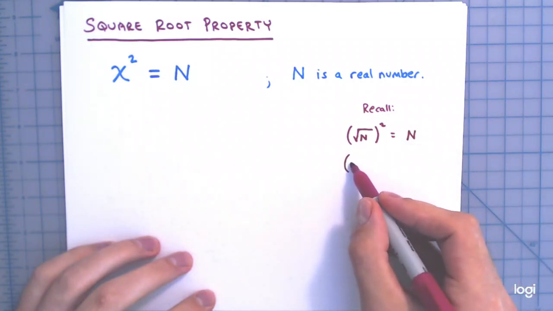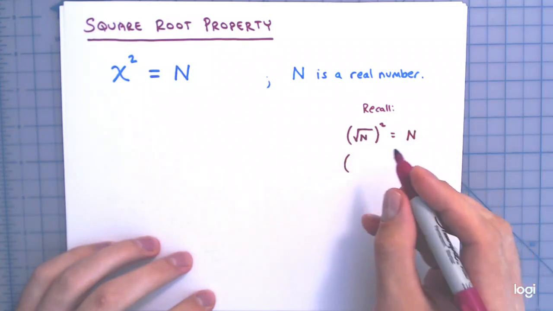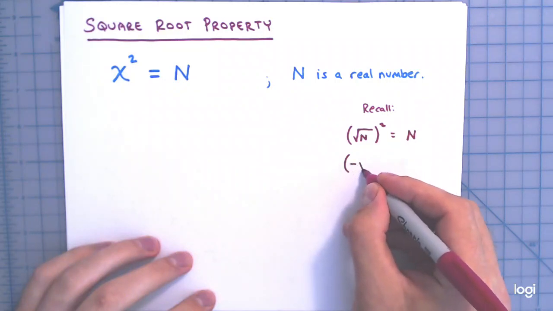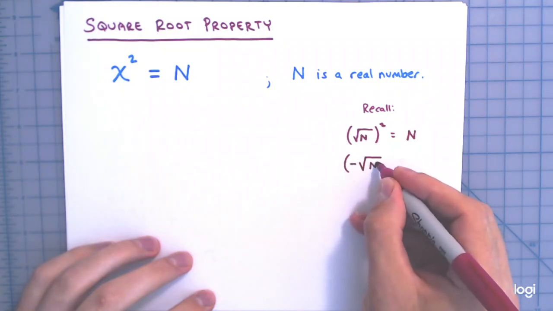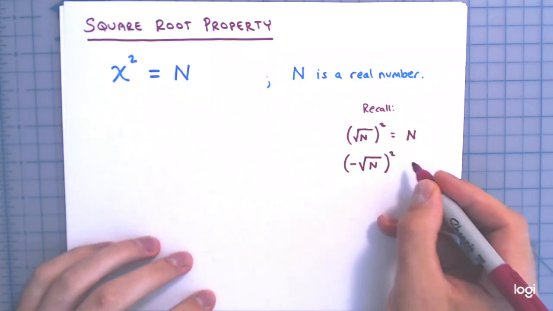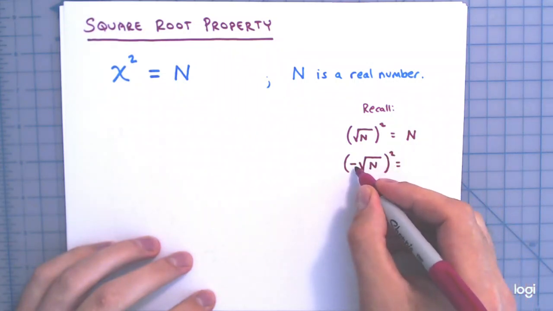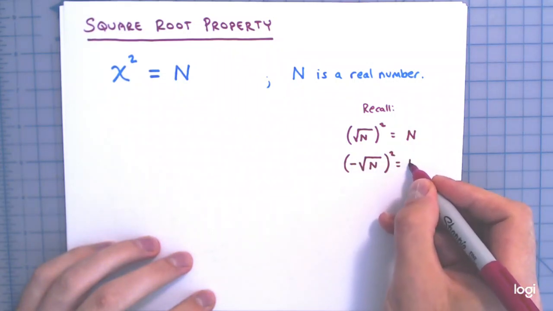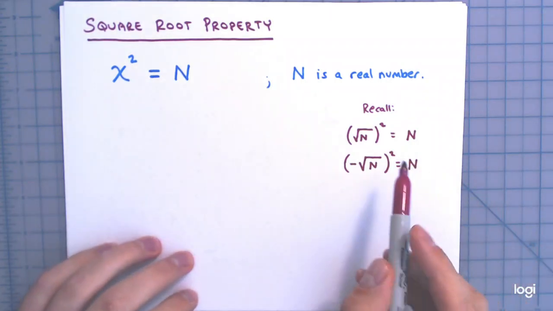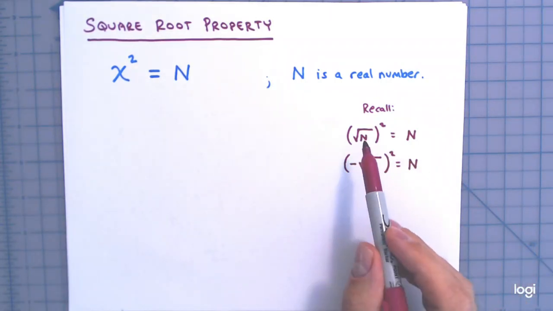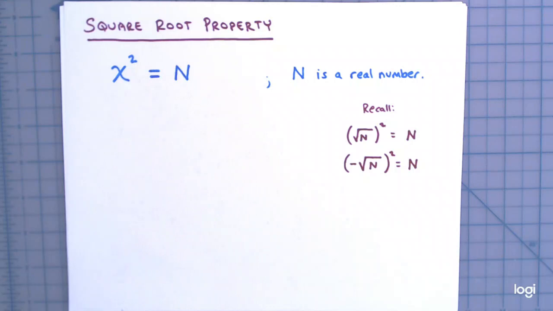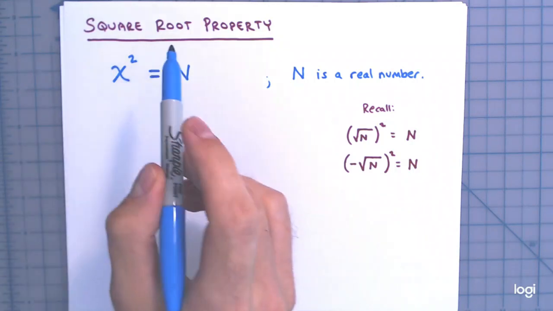But also, not just the principal square root, but also the negative square root of n when squared will become positive, just n again. So there are actually two possibilities here.